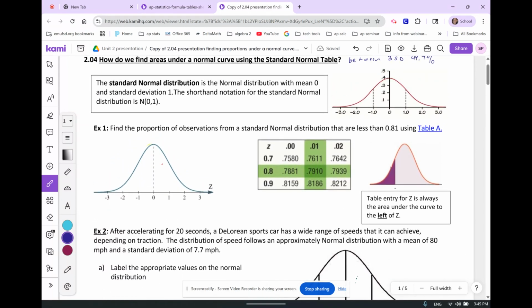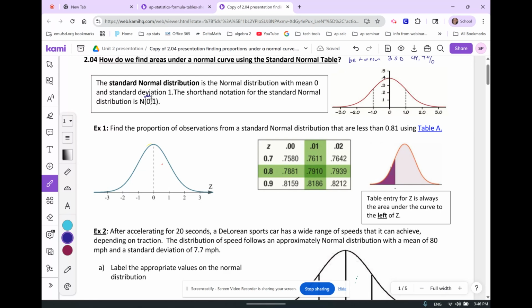So what is the standard normal distribution? It's a distribution which has been standardized, meaning that you're calculating z-scores for each data value. Therefore, the mean is now 0 and the standard deviation is 1. The shorthand notation for a standard normal model is capital N, standing for normal distribution.